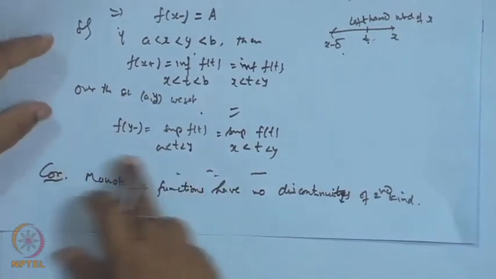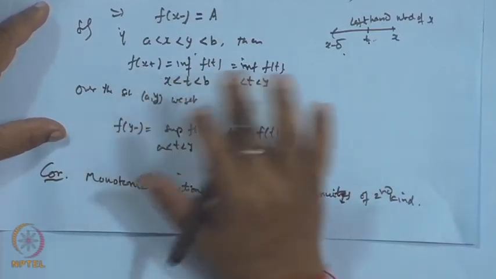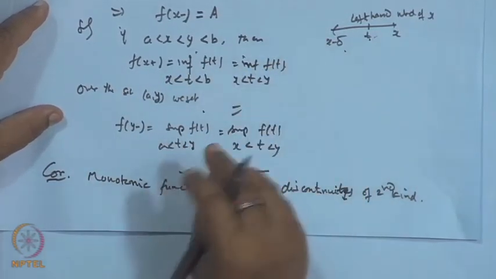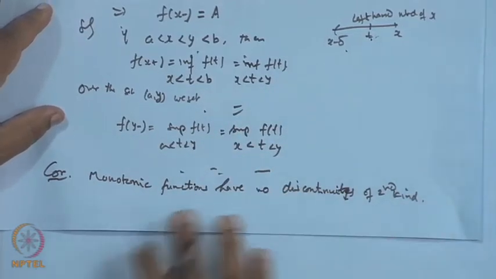The right hand limit and left hand limit will always exist, though they may not be equal. So, the point of discontinuity may be there, but it is not of the second kind. This is clear from here.